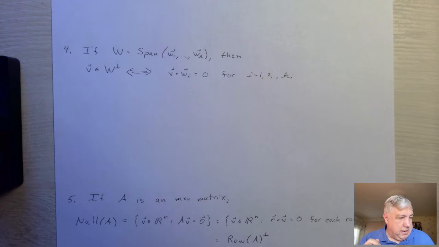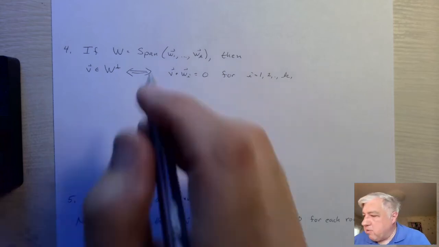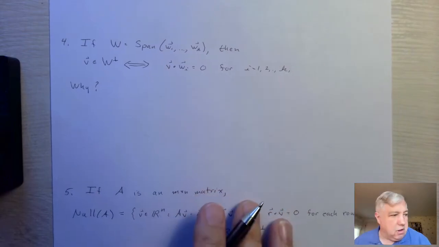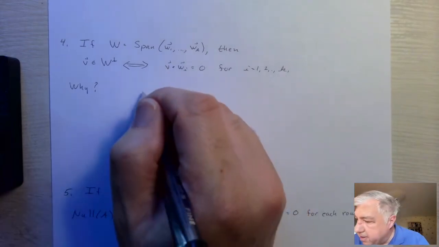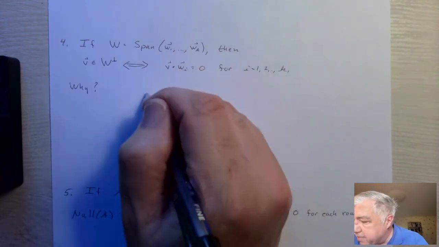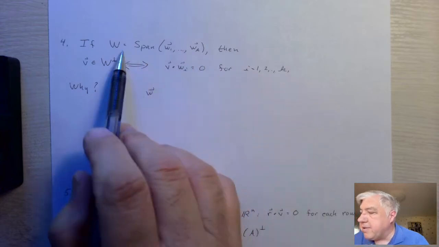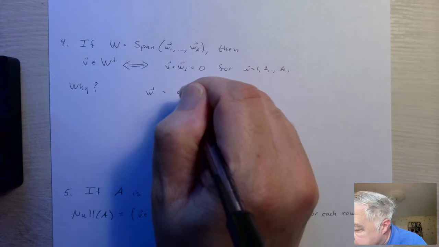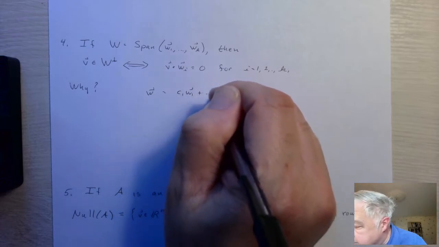Okay. And the reason for that, it's not going to be a very rigorous proof at all. We just say that if little w is in W, then it's a linear combination of these vectors.